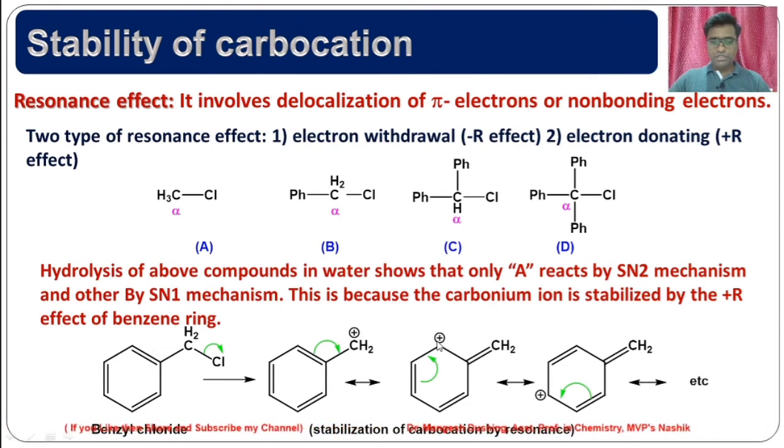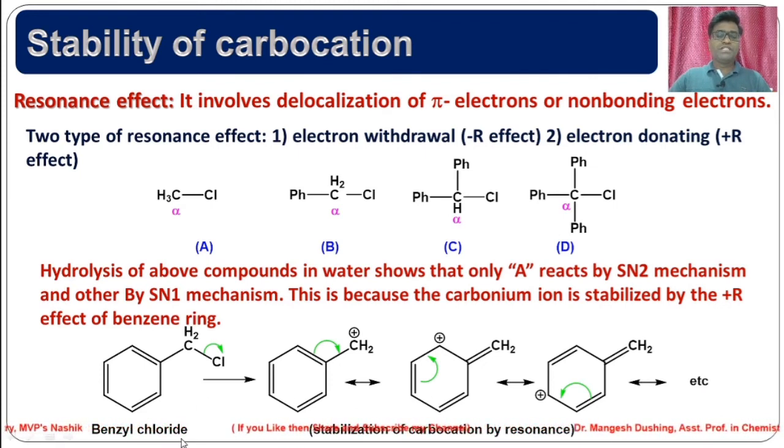So whatever positive charge is there is dispersed all over the molecule. As the dispersion of charge is more, that carbocation will be more stable. So as the number of canonical structures increases, the stabilization of the carbocation increases.